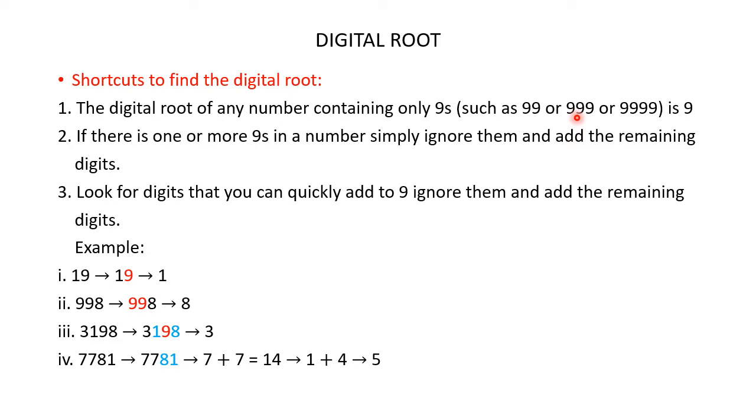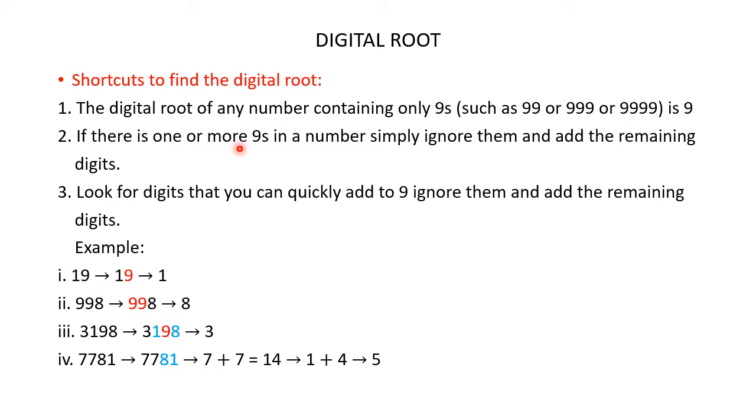The digital root of 999 is 9 because 9 plus 9 plus 9 is 27 and 2 plus 7 is 9. The digital root of 9999 is 9 because 9 plus 9 plus 9 plus 9 is 36 and 3 plus 6 is 9. So the digital root of any number containing only nines is 9.